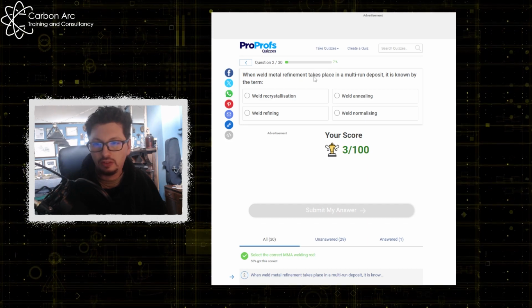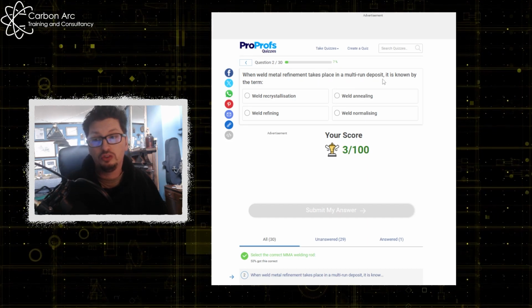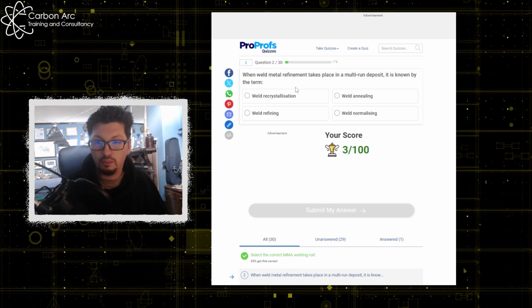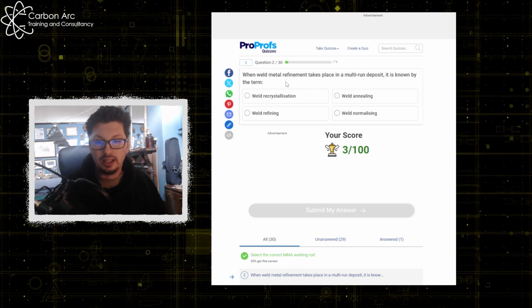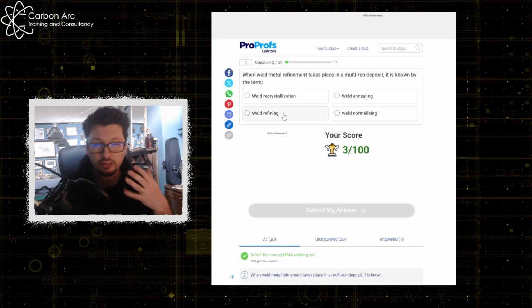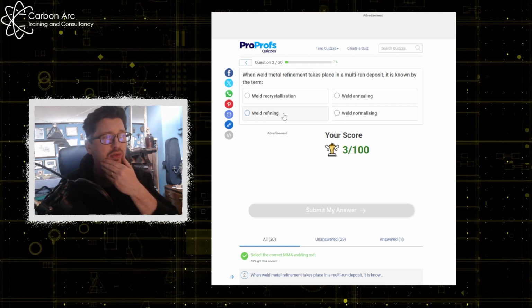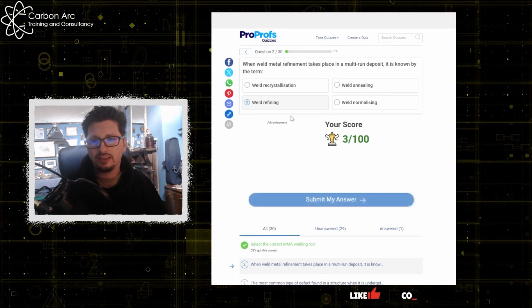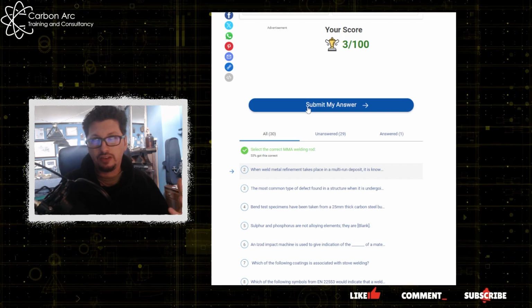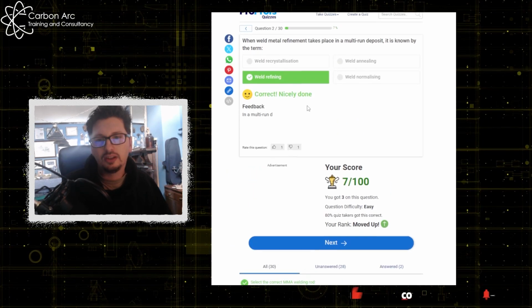When weld metal refinement takes place in a multi-run deposit, it is best known by the term. So this is weld refining or grain refining. I kind of remember doing a question like this in the past, and they used the term weld refinement, but really it should be grain refinement.